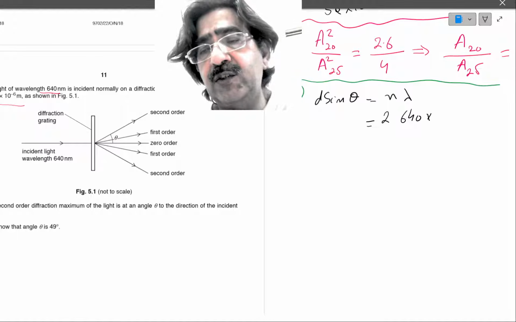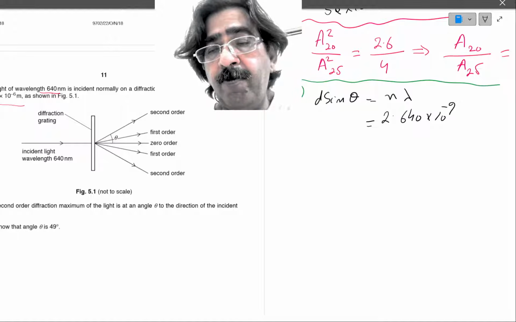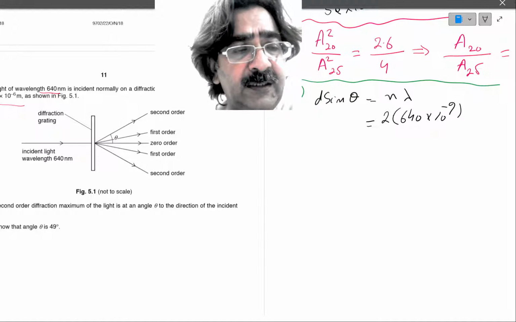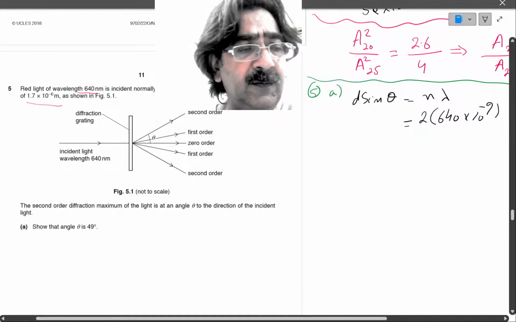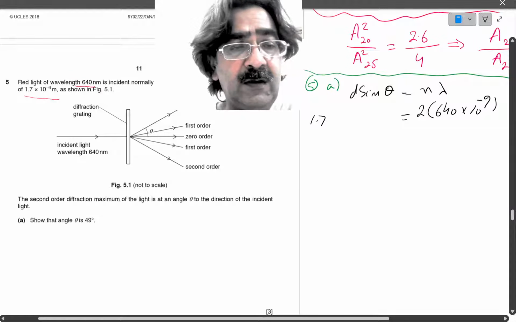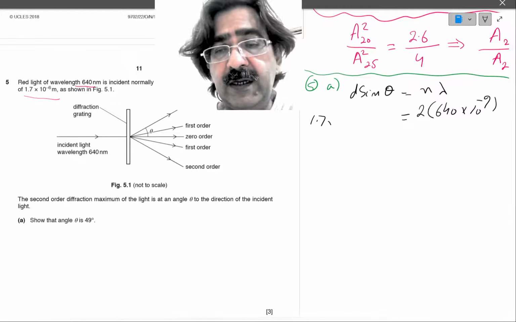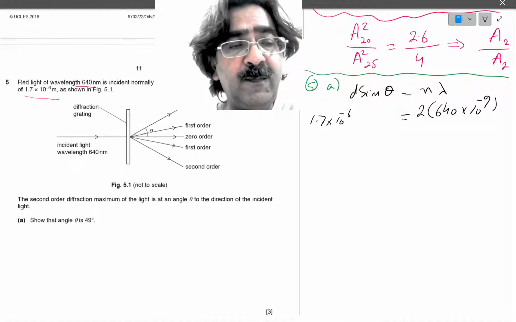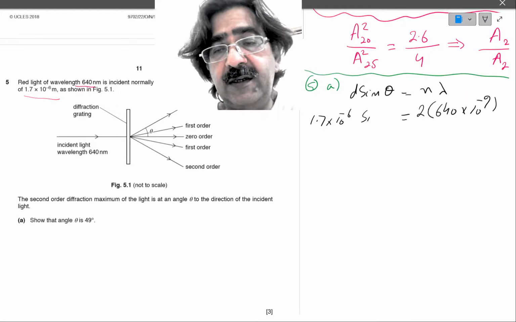Nano means 10 raised to power minus 9, and d, the line spacing, is given as 1.7 times 10 raised to power minus 6 meter, and sine theta.